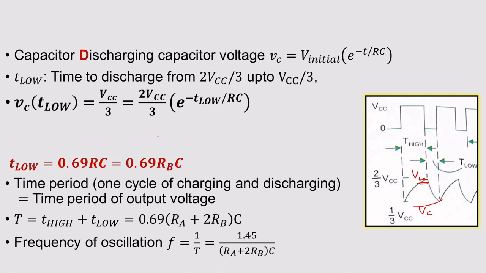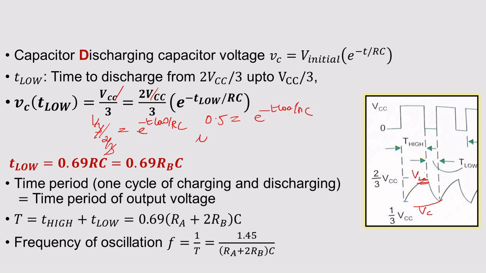If you calculate this, again things just cancel, and I am taking this as T low by RC. So you will have 0.5 equals e power minus T low divided by RC.